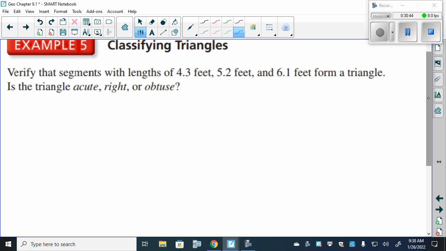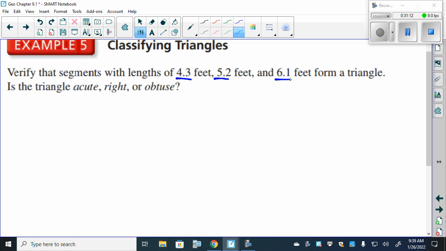The sum of any two sides is always greater than the third. So we just need to take the smaller two lengths and make sure they add together to be greater than the third, because 6.1 is always going to be the greatest, so they will always add together to be bigger.